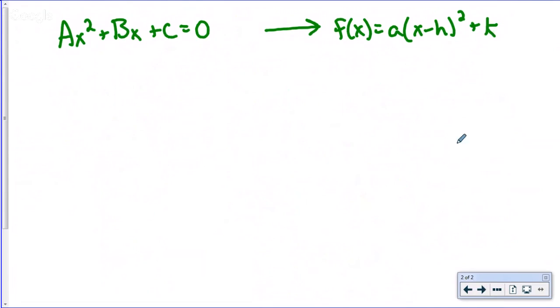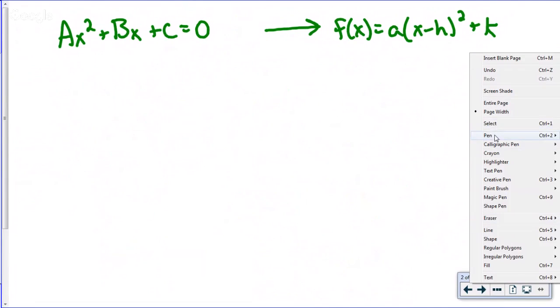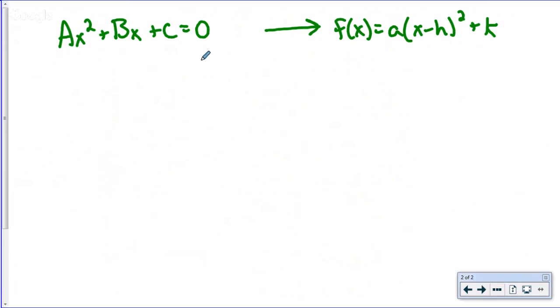And how are we going to do that? Well, we've done it before, and it's called completing the square. So let's briefly talk about how we complete the square.